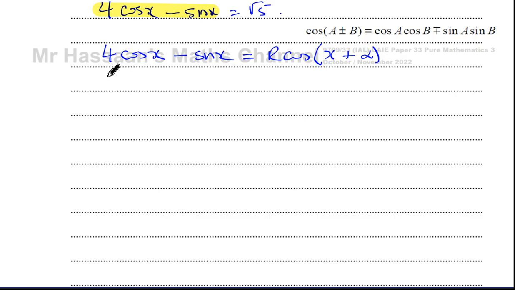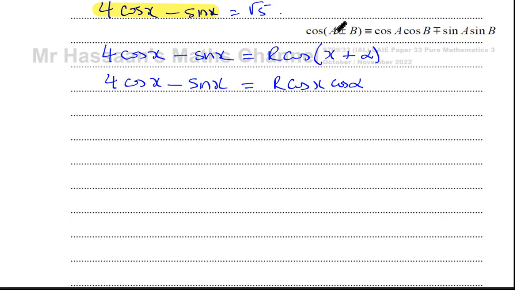So I have 4 cosine x minus sine x is equal to R times cosine x cosine alpha.